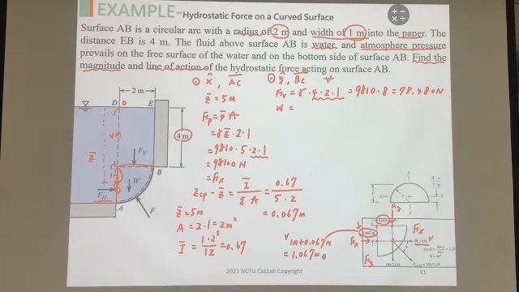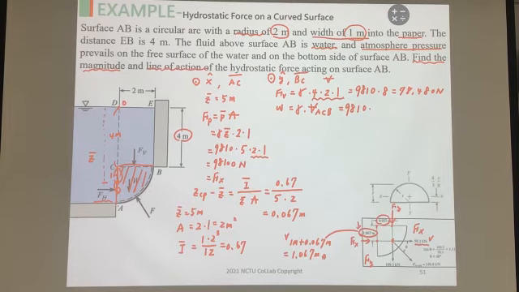Okay, and how about the weight? The weight is contributed from the water inside the ACB. Okay, the water volumes along the ACB. So this is the gamma multiply the volumes along the ACB, right? So again, this is 9810, but the volume, we compute the area first.